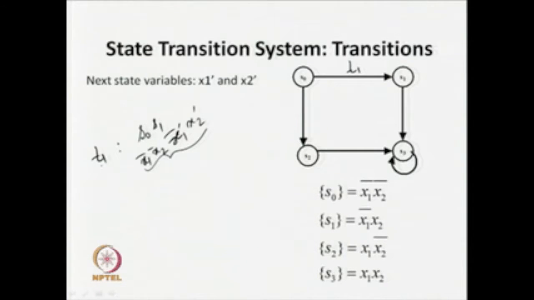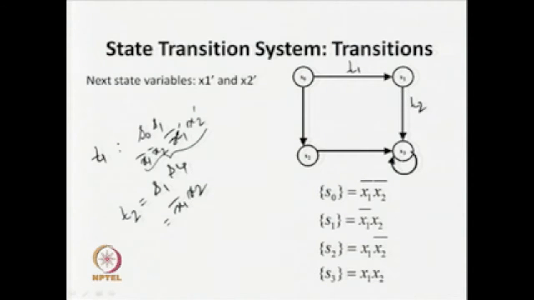So, this is transition T2. Now, I can say that transition T2 is going from S1 to S3. Now, what is your S1? This is x1 bar, x2.